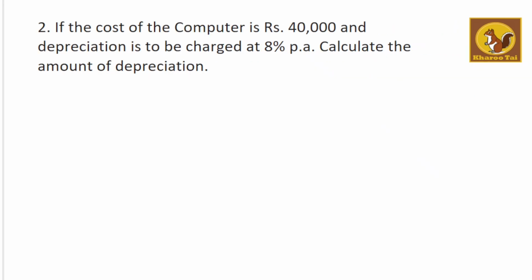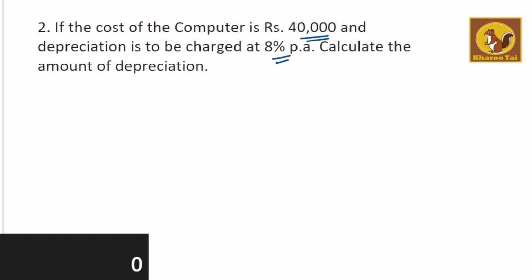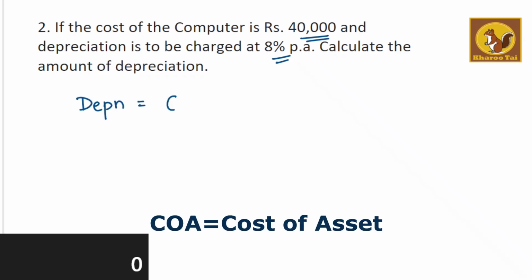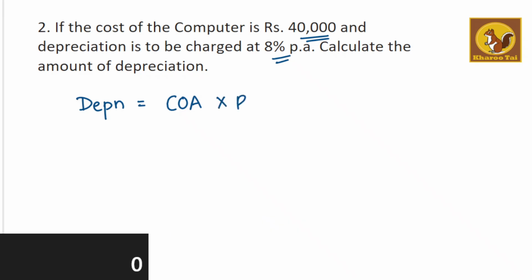Next question, question 2. If the cost of the computer is rupees 40,000 and depreciation is to be charged at 8%, calculate the amount of depreciation. When percentage is given, the depreciation amount will be cost of acquisition into rate of depreciation.